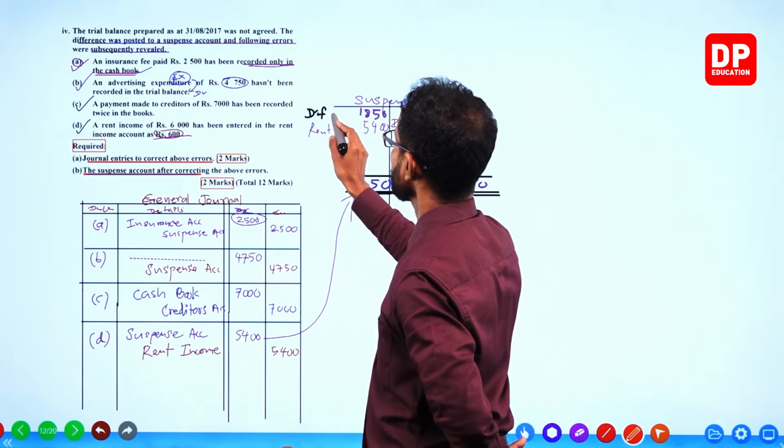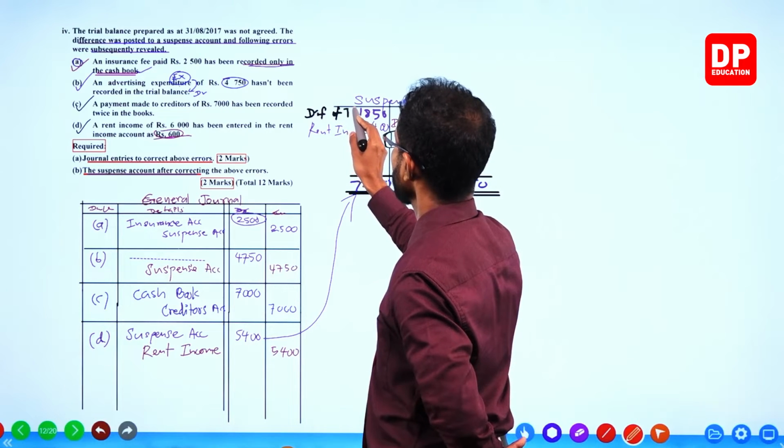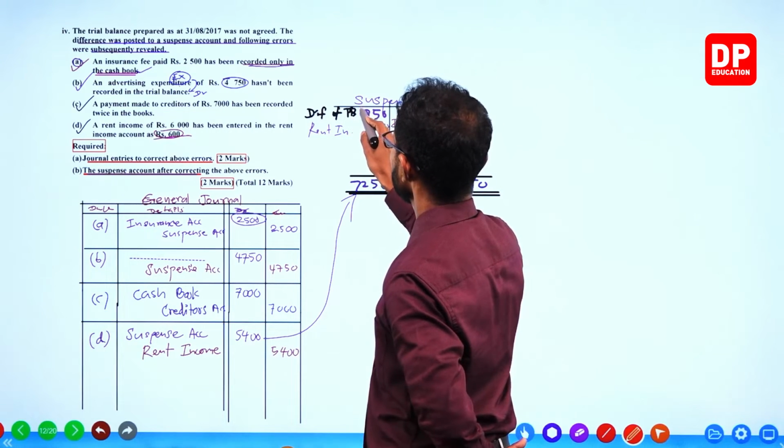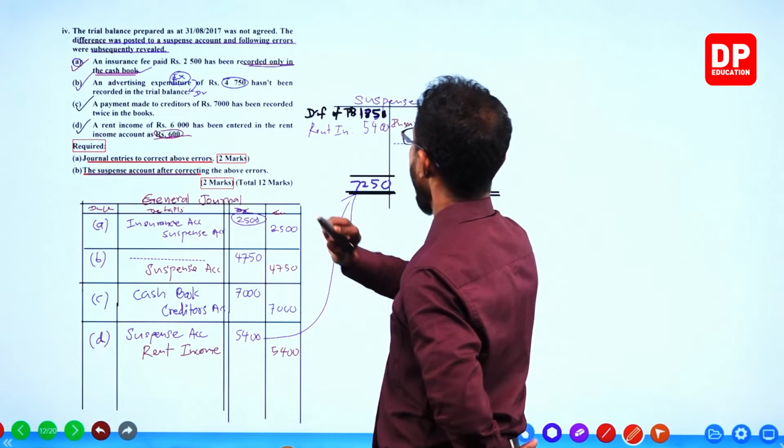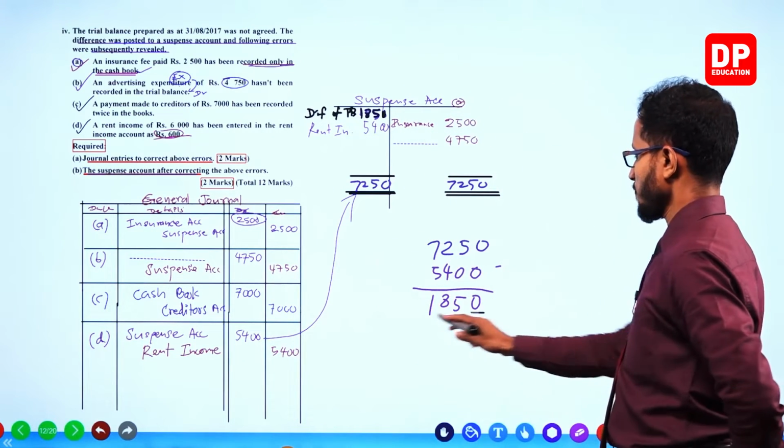So the difference of the trial balance is 1,850. There you go.